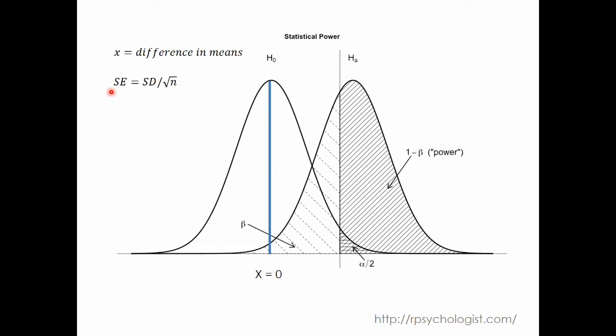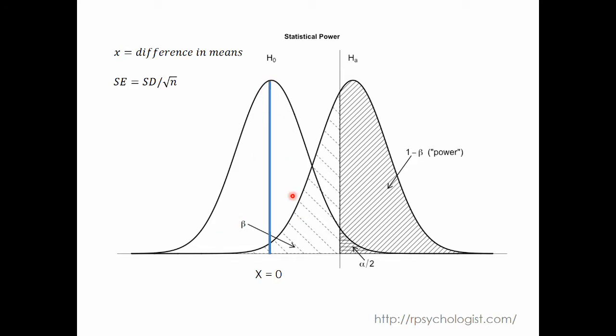And so my standard error here, which is the standard deviation of our sampling distribution, becomes more narrow, right? This shrinks in, so it's not so wide. If I take an outcome and I use a lower variability outcome, then same thing. If the standard deviation of the outcome comes down, then the whole thing comes down, the standard error comes down. And again, this curve narrows, right? So we have less variability in our sampling distribution.